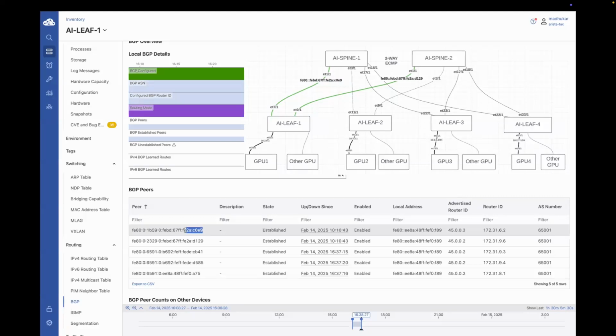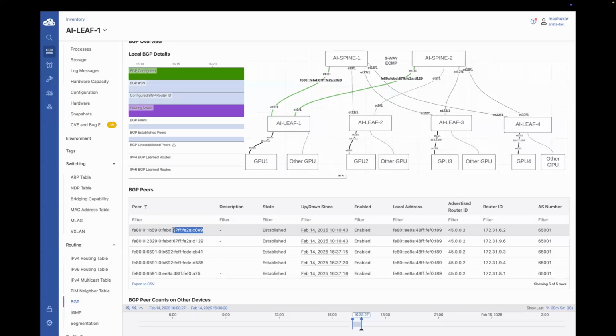So if we check the first peer IP that ends with C0E9 and compare it to the topology that's on the screen, we see that that peer IP is present on AI spine 1, and that peership is being formed with the AI spine 1 from the AI leaf 1's perspective.